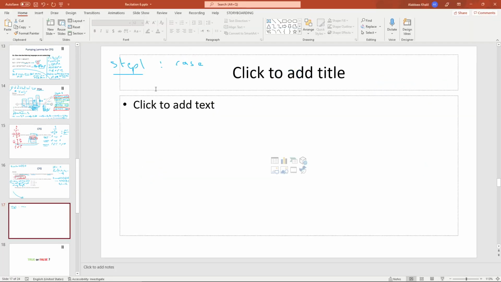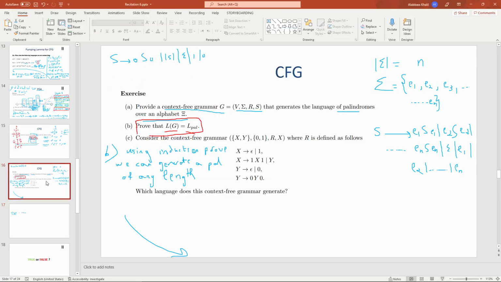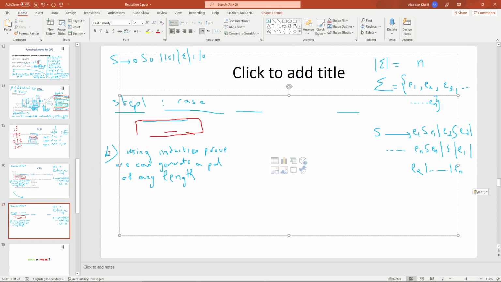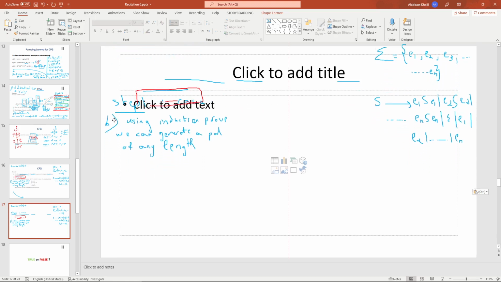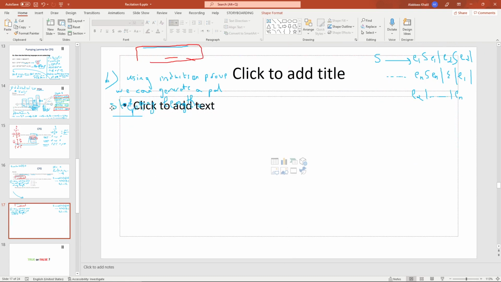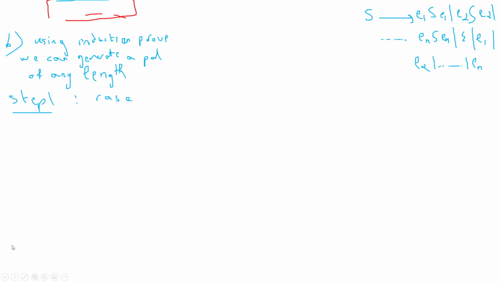So step one would be to take a few cases, right? So we'll say something like case 0. Actually, let me maybe get what we wrote before. All right, so I have my grammar here at my right, and I'm trying to prove that I can generate everything.